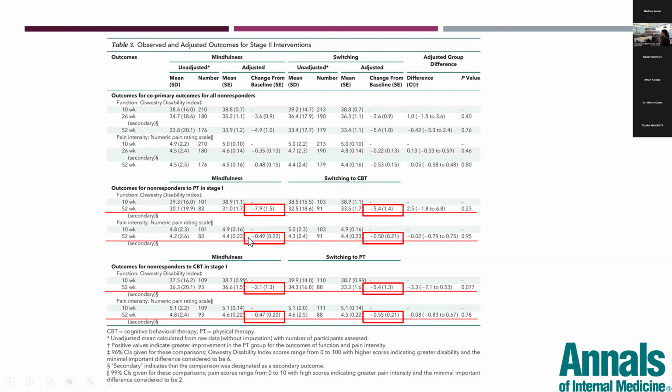And mindfulness had a 0.49 decrease at 52 weeks in pain intensity and 0.5 in pain intensity for the CBT arm. And similarly for the table below as well. Again here, nothing is statistically significant. So all of these cross 0, so that means there is a point where they can have no difference also.